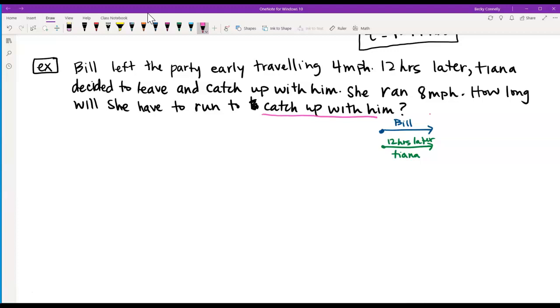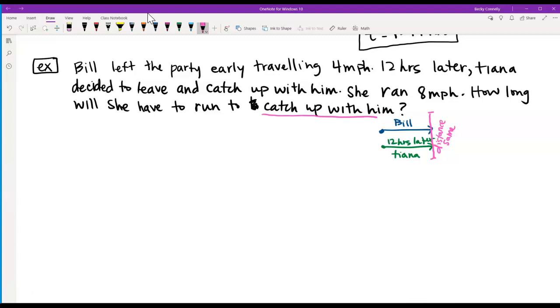So at some point down here, their distance is going to be the same. So the distance is going to be the same at some point when Tiana catches up to Bill, wherever that may be.